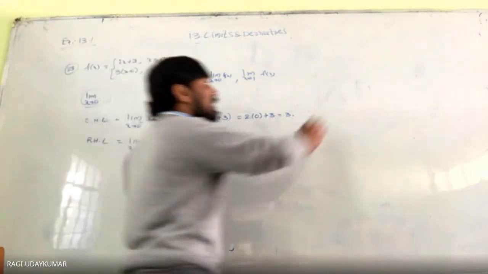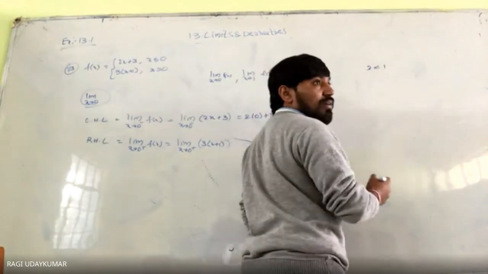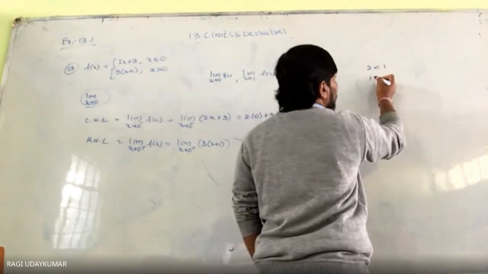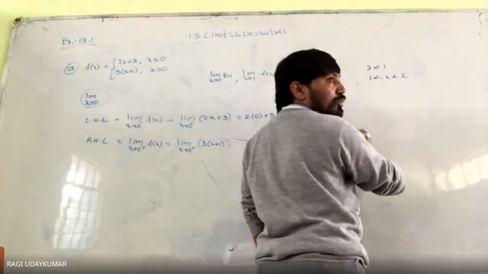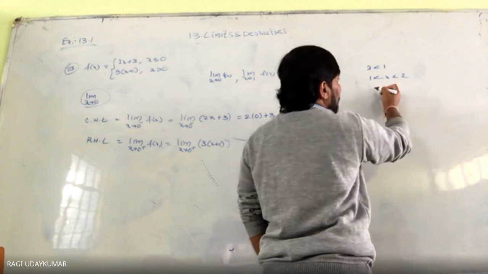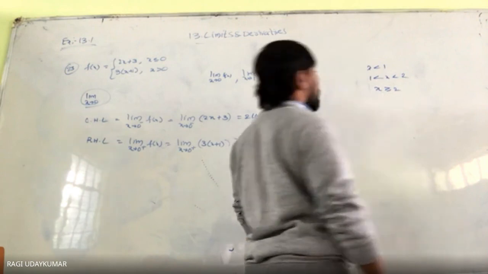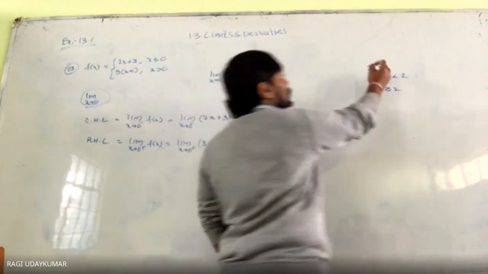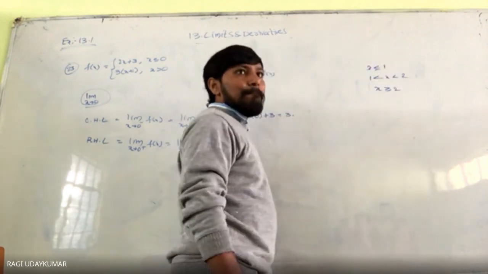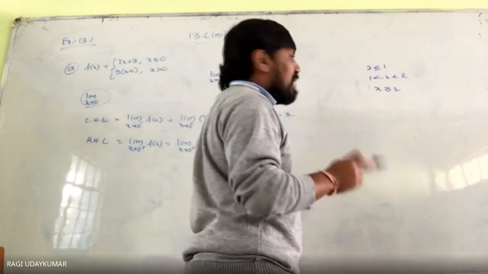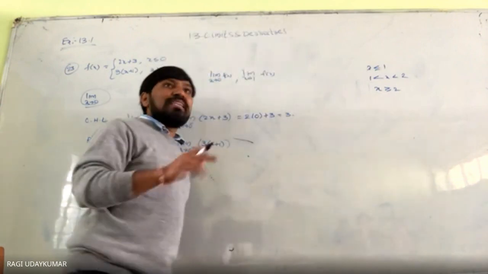Sometimes the question will be given as x less than 1, 1 less than or equal to x less than 2, and x greater than or equal to 2. This is a function split at 1 or 2 places.